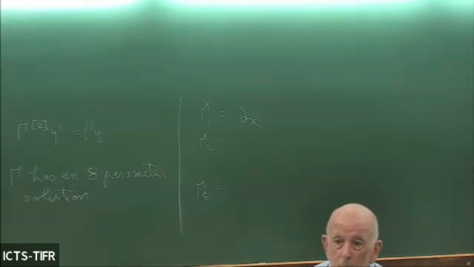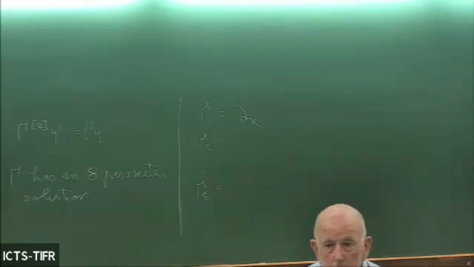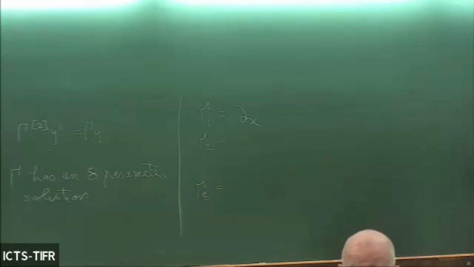Y double prime equals y is invariant under translations in x. That's what x means. So, having said that, what can you do about it?